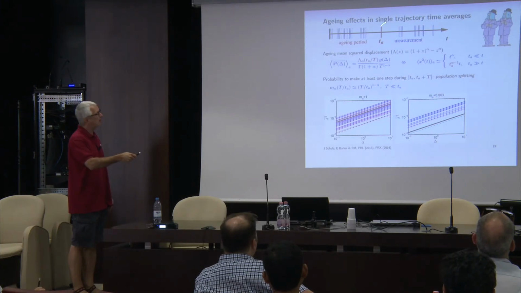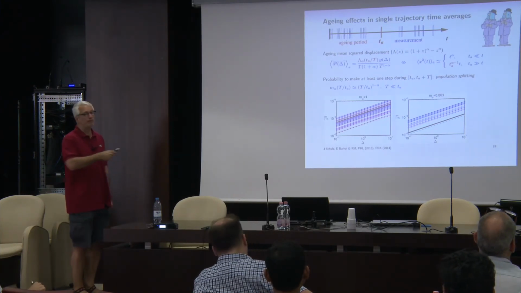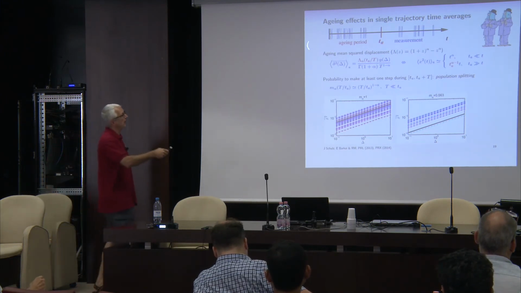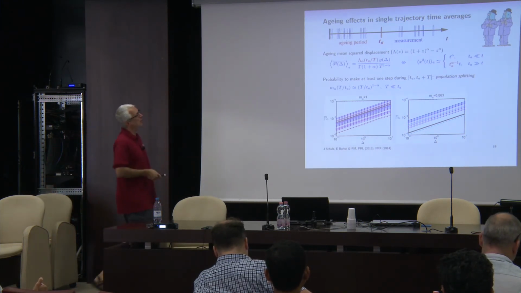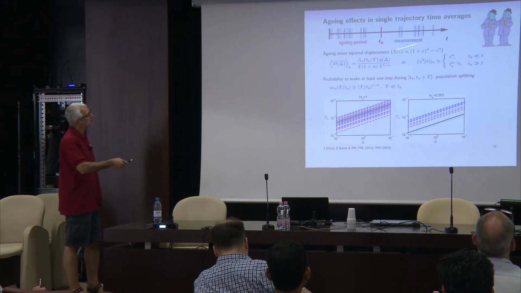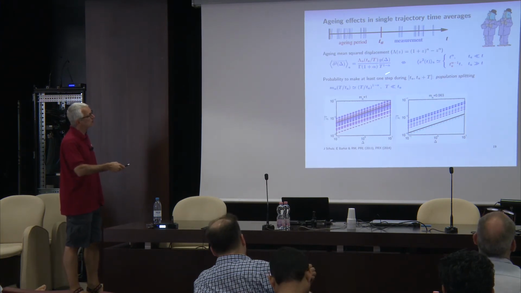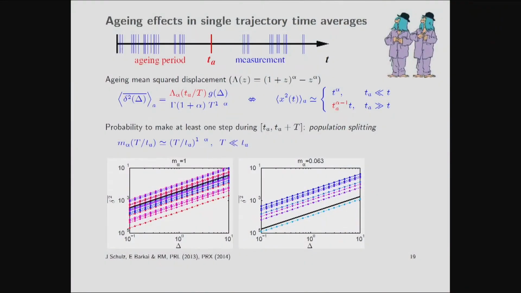Now the occurrence of the first jump after the initialization of my measurement has, of course, a different distribution than the individual jumps on the line. And when you calculate this, the time average turns out to be a beautiful quantity, because the aging time factorizes in the time average.